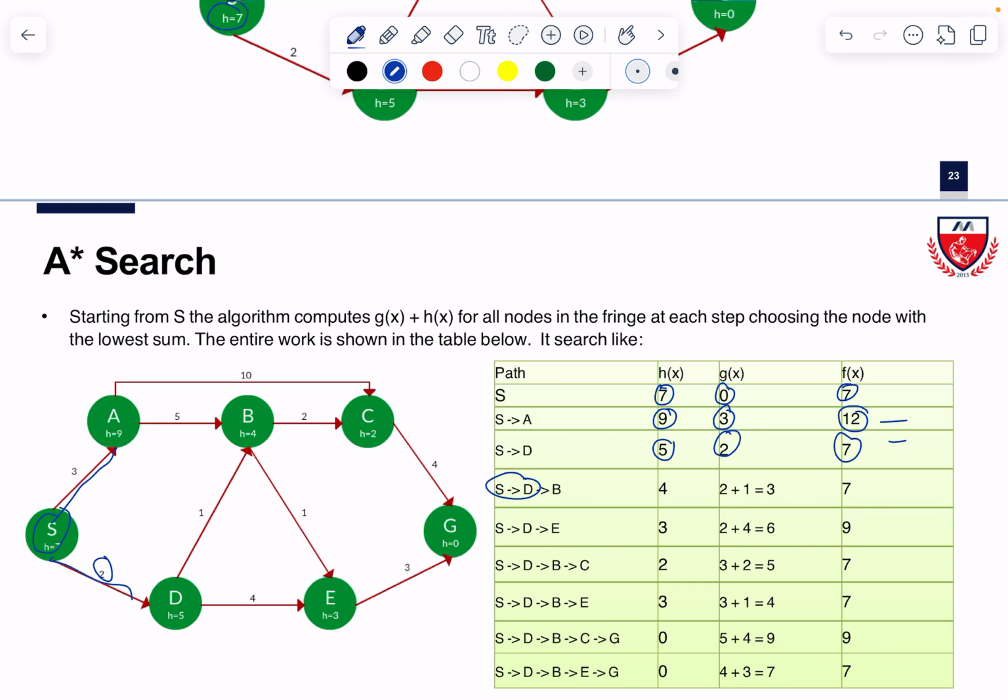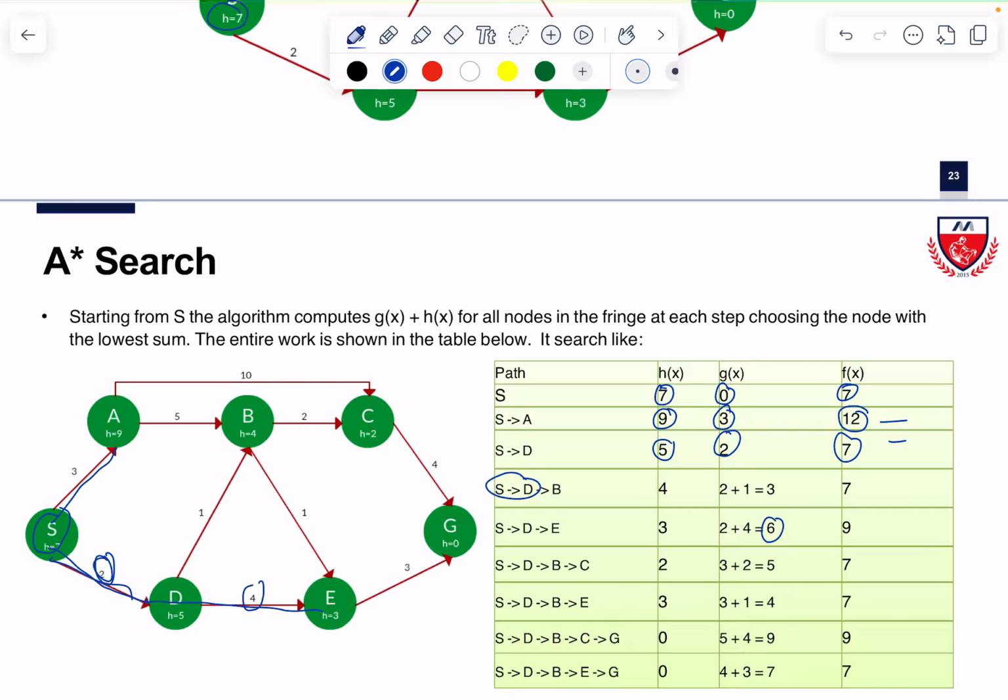If we traverse to E, so S, D, E, we have a cost. SDE naman tayo. So sa SDE, we have an actual cost of 6, 2 plus 4, but a heuristic cost of 8. Heuristic cost pala.